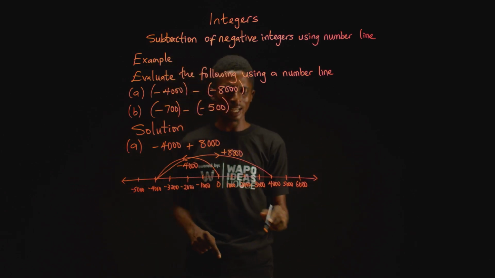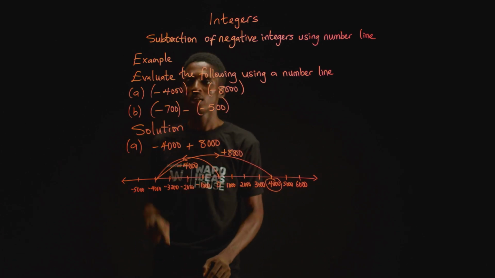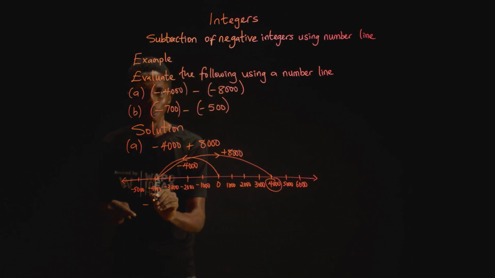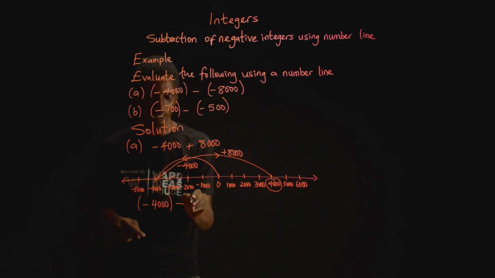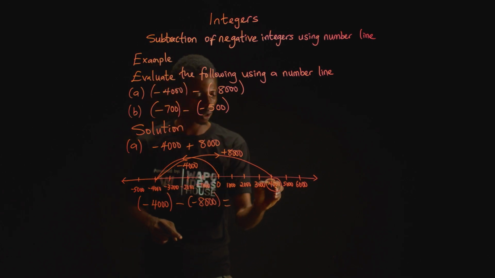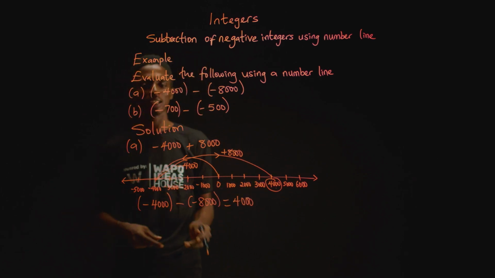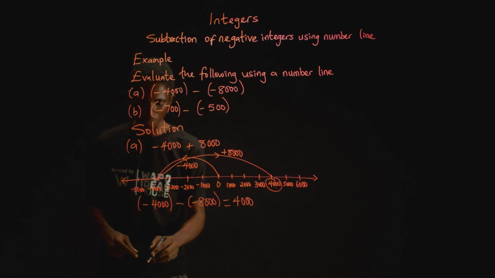From this number line, we can see that we ended up at plus 4,000. That shows that minus 4,000 minus 8,000 equals 4,000.